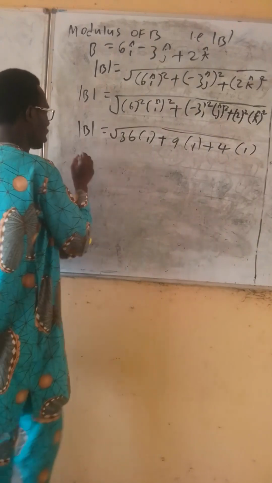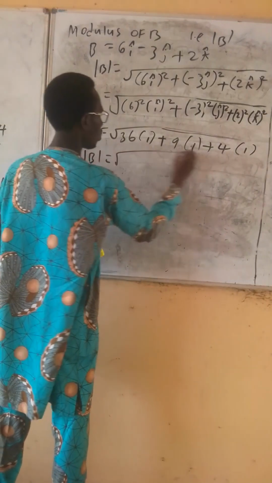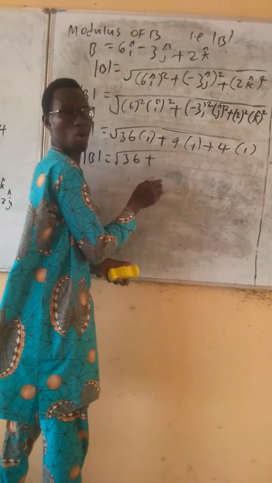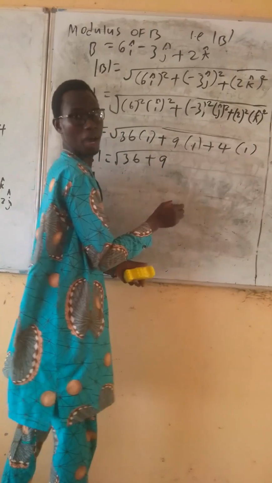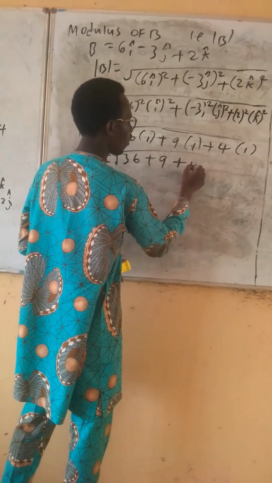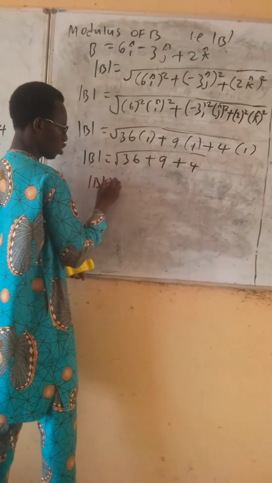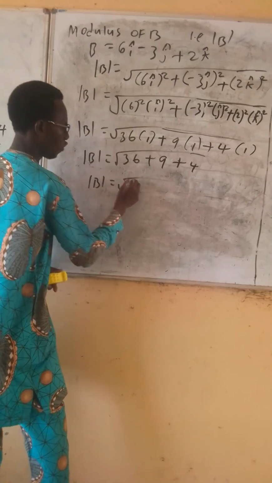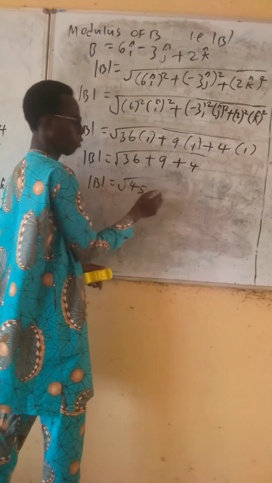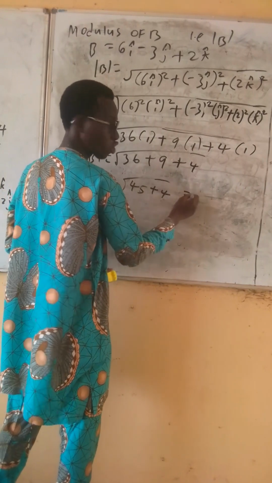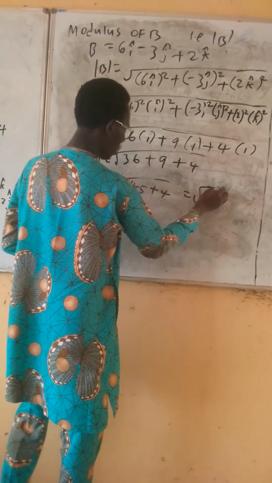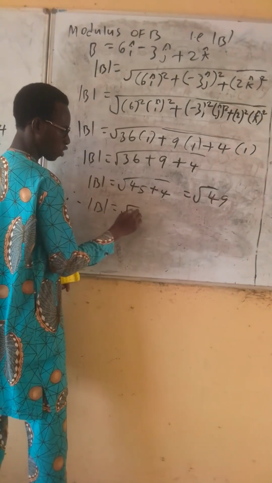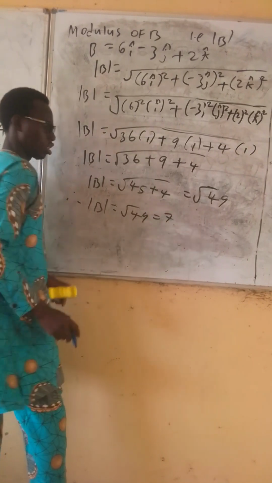You're going to agree with me that the modulus of b is 36 multiplied by 1, which is 36, plus 9 multiplied by 1, which is 9, plus 4 multiplied by 1, which is 4. 36 plus 9 is 45, and 45 plus 4 is 49.